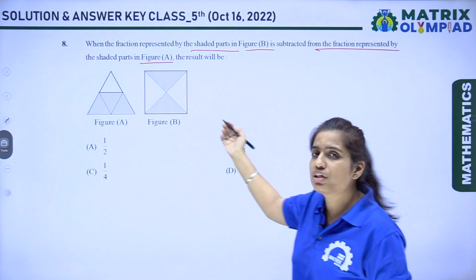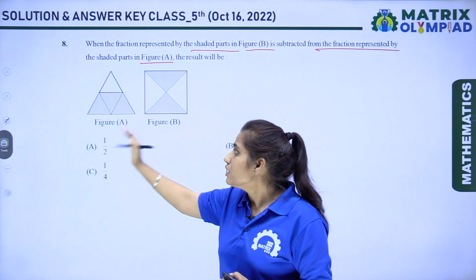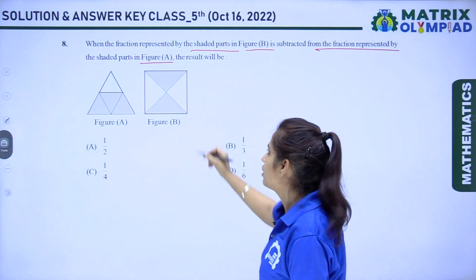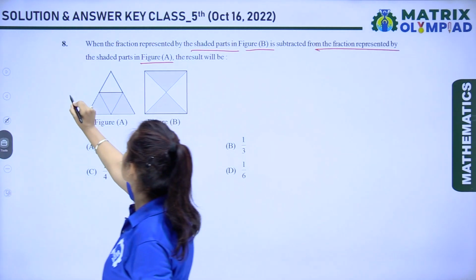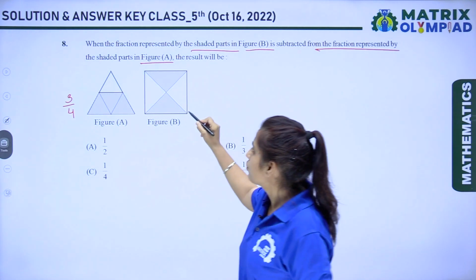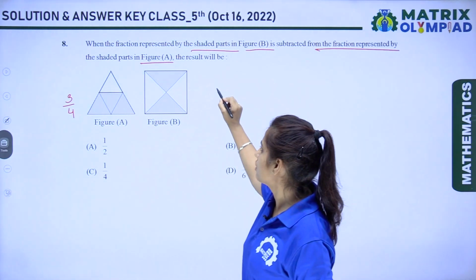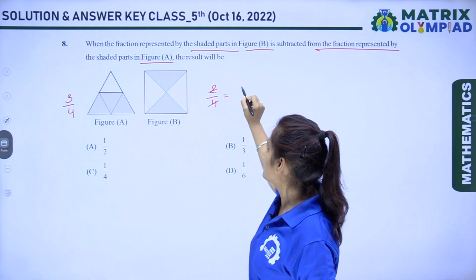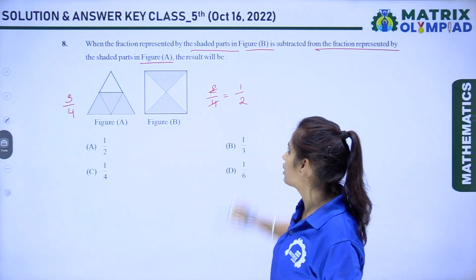So, first of all, we convert the shaded parts into fractions. Now, figure A represents 3/4 and figure B represents 2/4, and when it is reduced, we get 1/2.